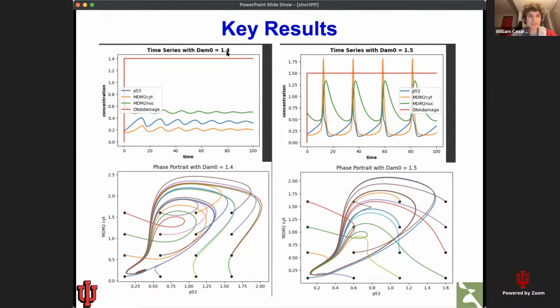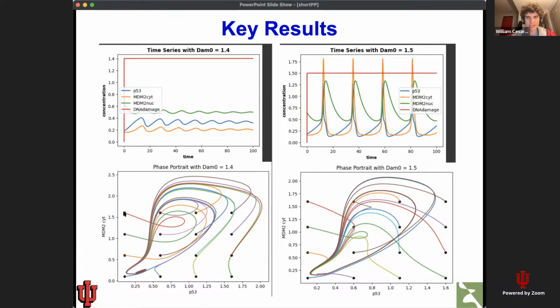So when DNA damage is 1.4, we get many little oscillations. And look at our phase portrait in the bottom left with DNA damage at 1.4. This is plotting P53 and MDM2 in the cytoplasm, and we are not getting any loops here.